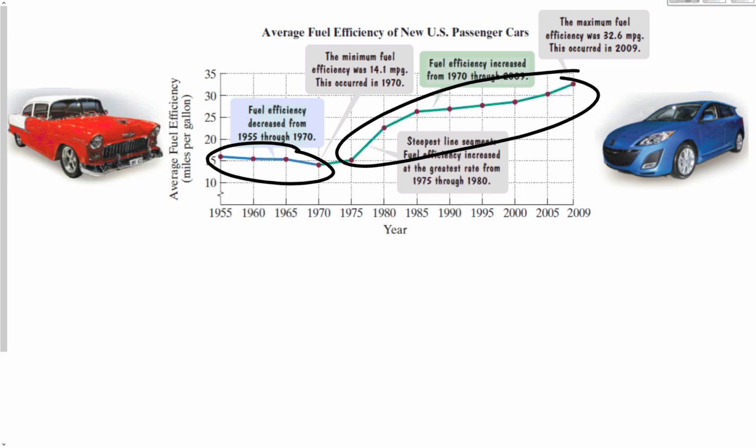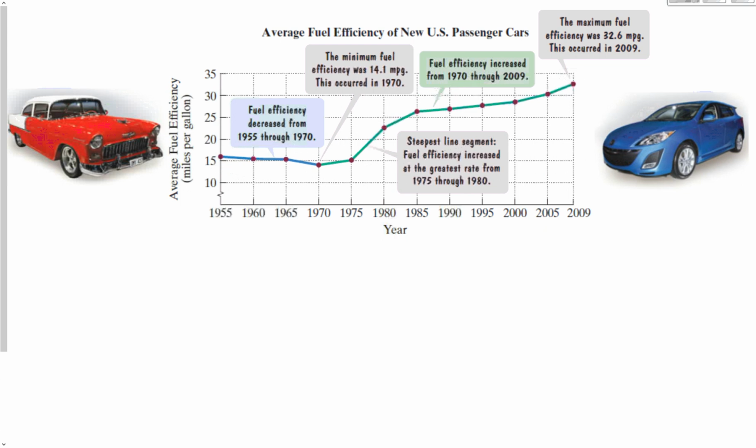And we can use really basic words to try to describe both of these, like decreased, minimum, increased, steepest, and maximum. So these are all words that we should know and be able to tell how graphs are reaching these points. Okay?